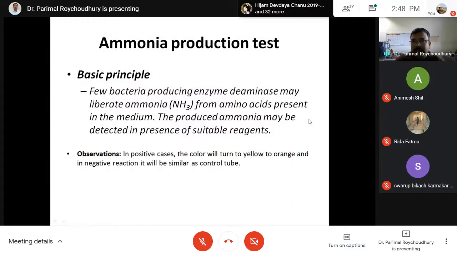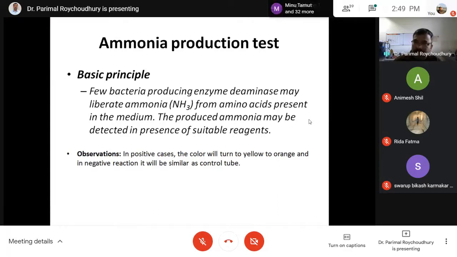Similarly, the ammonia production test. It has been seen that few bacteria produce the enzyme deaminase, and they can break amino acids and liberate ammonia. So they act on the amino acids and break them and produce ammonia inside the tube.